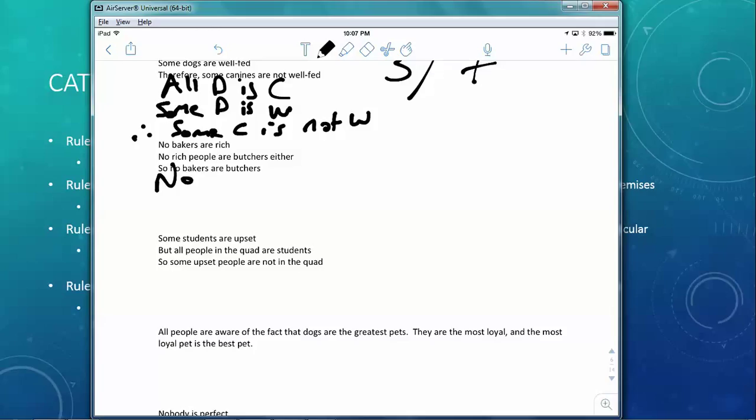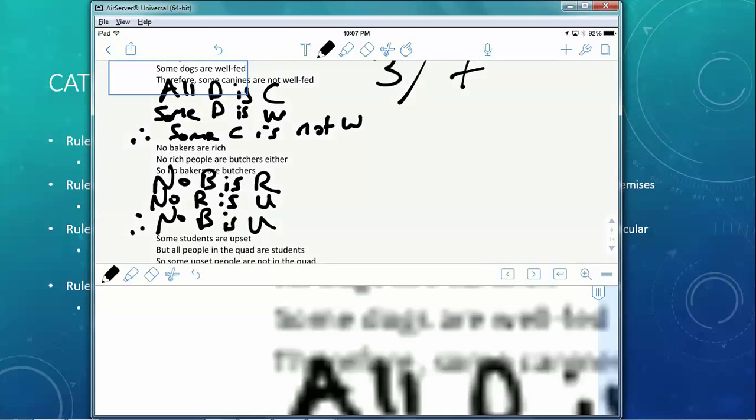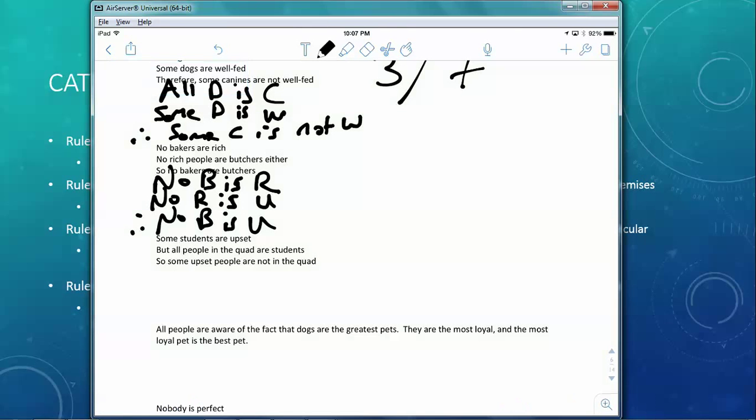No B is R. No R is U. Let's say U for butchers. Therefore, no B is U. And this one, I already see why it's wrong, because we have three no's, right?